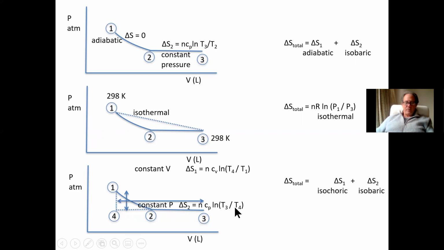We know the temperatures T3 and T4. If we figure those out, we can then solve the problem that way. So 3 separate ways of solving the same problem because entropy is a state function. It doesn't depend on the path. So we can choose what path we want.